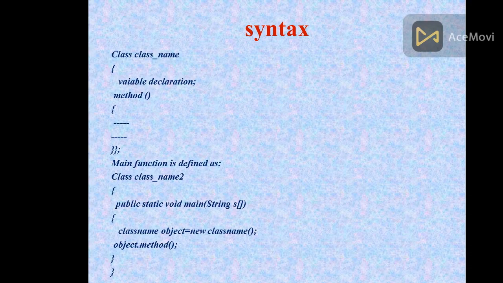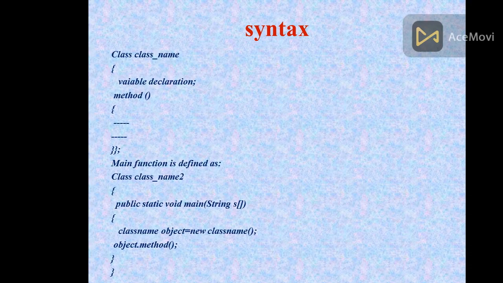We should create a separate class which includes the main function. In that main function we create an object for the particular class. The object is created using the syntax: class name, object name equal to new class name, with parentheses. Then we can call the variables and methods using that object, like object dot method.